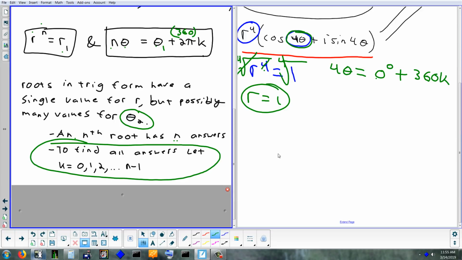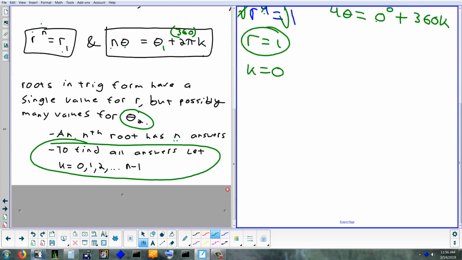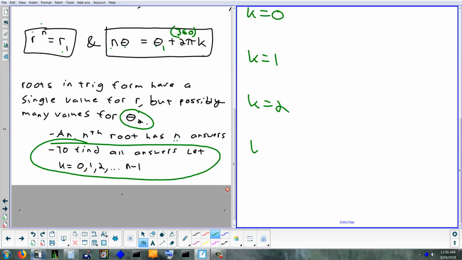So I end up basically stopping 1 before. If I went to 4, 0, 1, 2, 3, 4, that's 5 answers. Because you're starting at 0, you don't need to go up to 4. Only go up to 3. So I'm going to write down each one of those: 1, 2, 3.